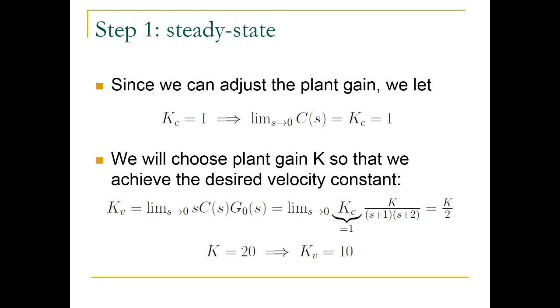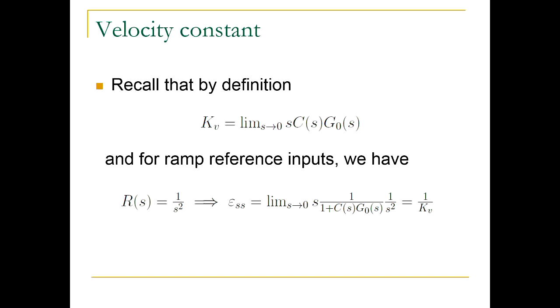Sometimes your problem formulation may be given in terms of Kp or in terms of steady state error with respect to step inputs. It's the same because they are related. Yes, I'm using this example also to define what Kv is and to relate it to the steady state error with respect to ramp inputs.